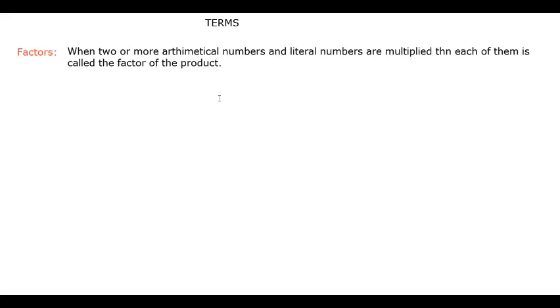So factors. When two or more arithmetical numbers and literal numbers are multiplied, each of them is called a factor of the product. Example, e.g., 7xy squared.